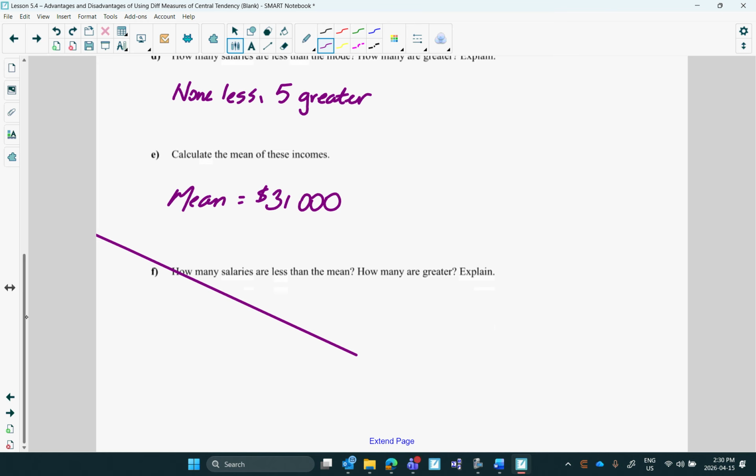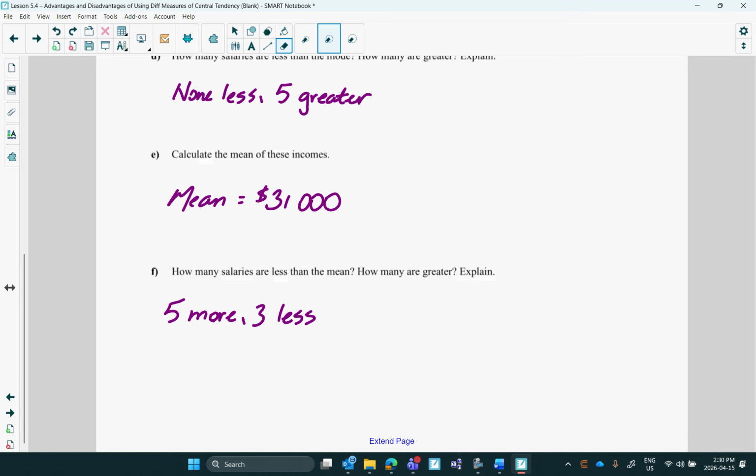This time, if you count, 5 more, 3 less. Not the greatest measure of center, not terribly far off. Wait, isn't it the other way around? Oh, sorry, 5 less. Thank you. 5 less, 3 more.